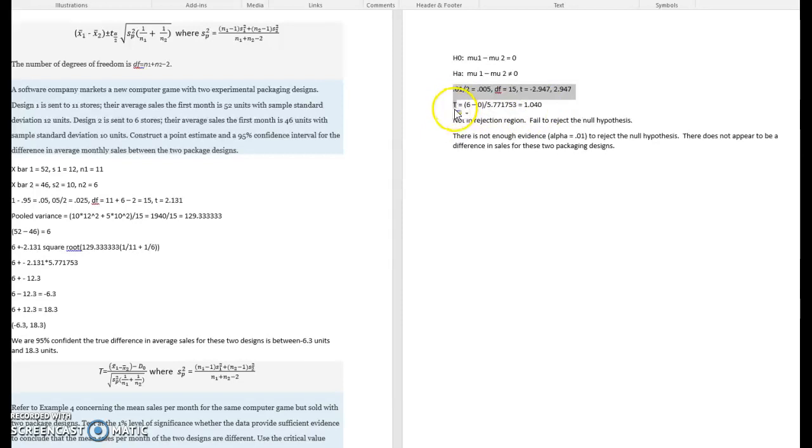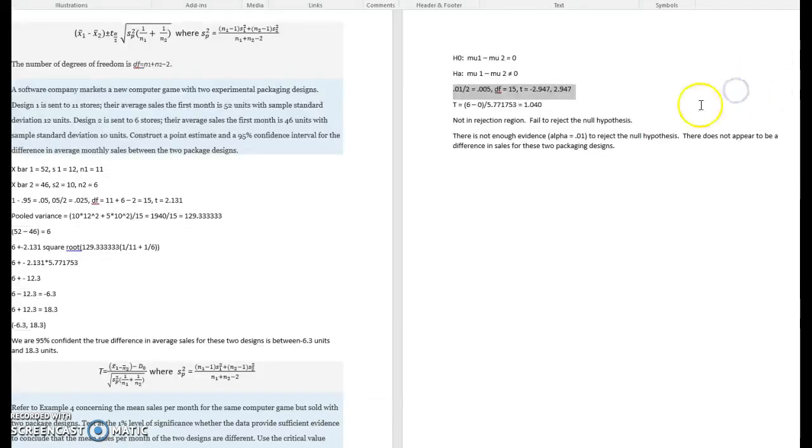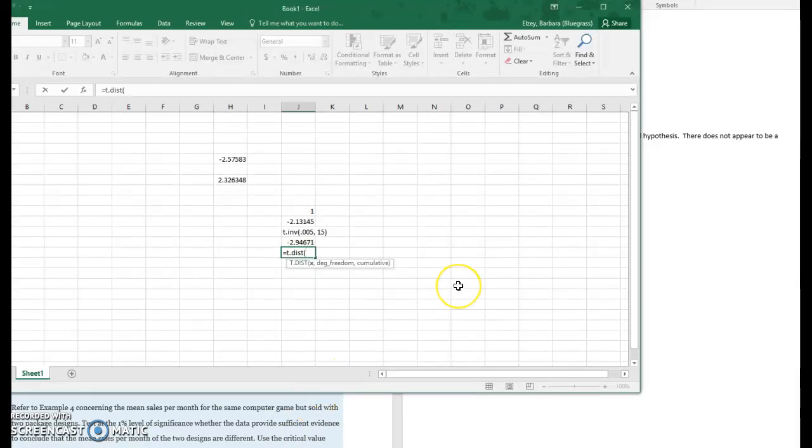We need to use the t distribution though, since this is t. So we're going to use equal t.dist, and that was 1.040. Our degrees of freedom were 15, and this is true, and that gives us 0.8426.